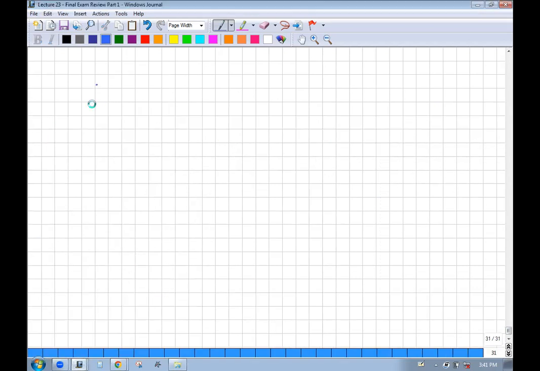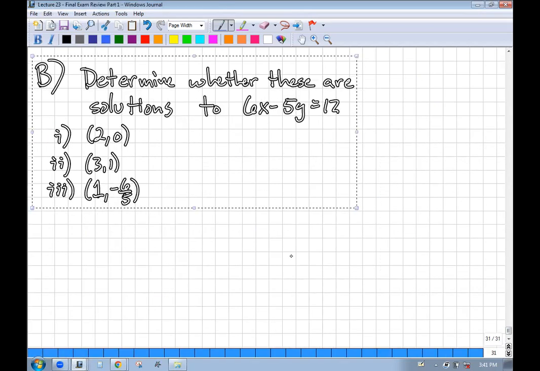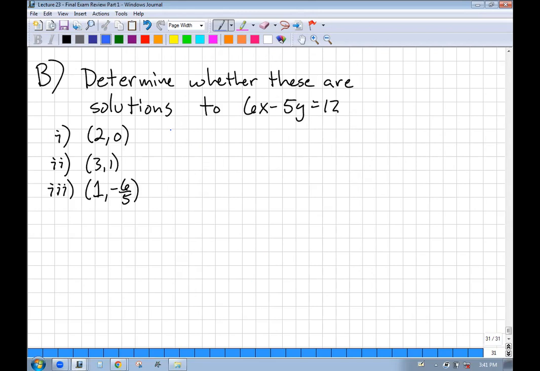Are these solutions? All right, well, replace the x with the 2 and the y with the 0. Left-hand side is equal to that, which is 12, which is the right-hand side. So yes. Part 2, left-hand side is 6 times 3 minus 5 times 1, which is 18 minus 5, which is 13, is not the right-hand side.